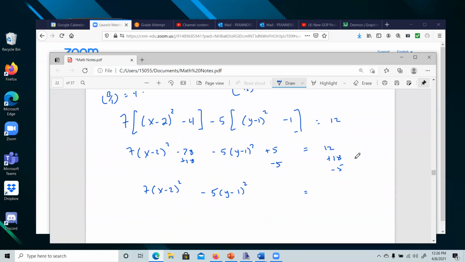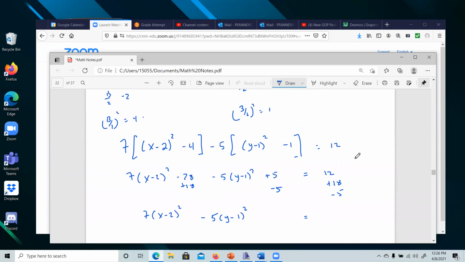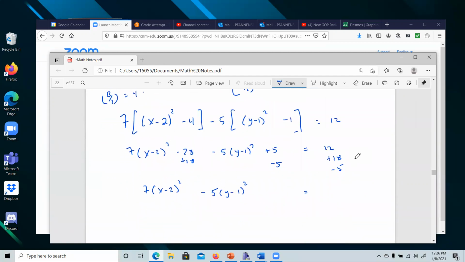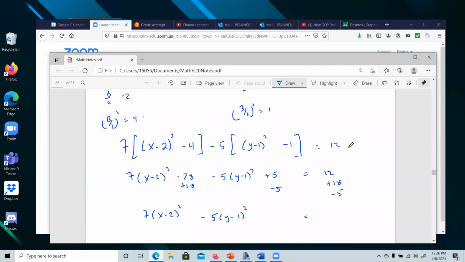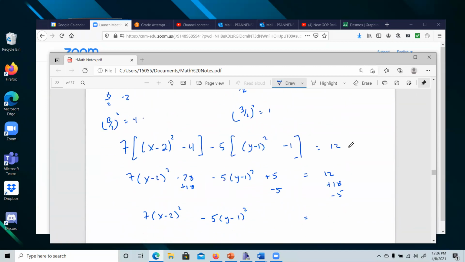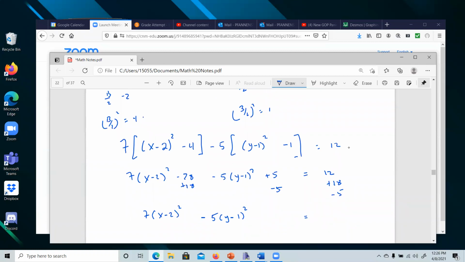I thought this was supposed to give us 35. Well, it didn't. Unless I screwed something up. Oh, this is a 28. Of course it is. There we go. So this is going to be 40, and 40 minus 5 is 35.